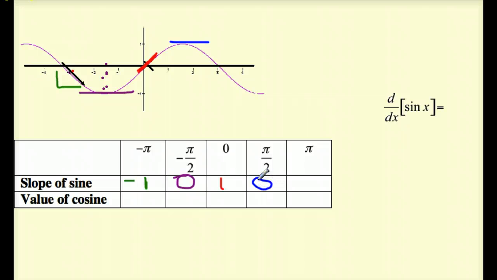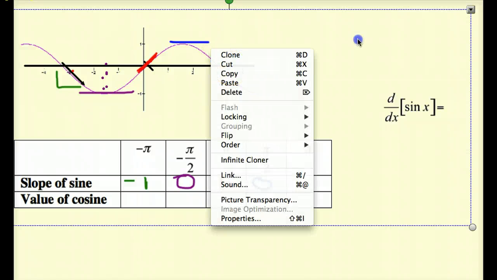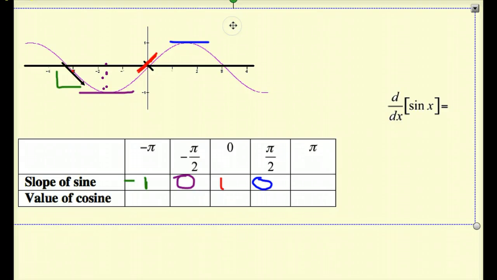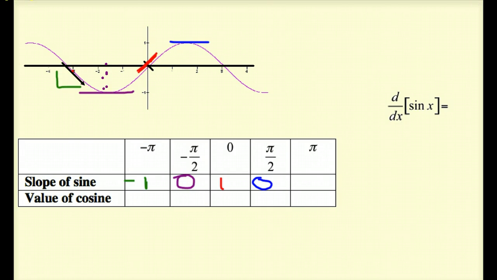And then, once again, just to complete this, the slope at approximately right here is actually about negative 1 again. So what do you think is going to happen to the slope of sine? You're right, it's going to repeat over and over again.